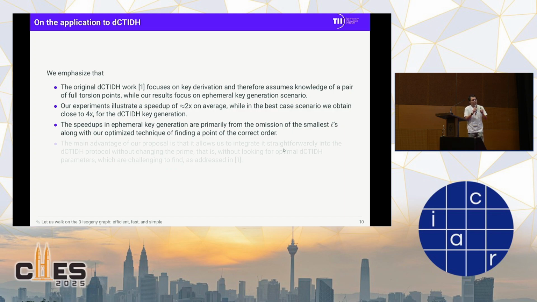We only need one for the radical isogeny, so you only need, for example, one order 3 point, and then from that you can do the chain for the isogenies in DCTI and CSI, so over FP.